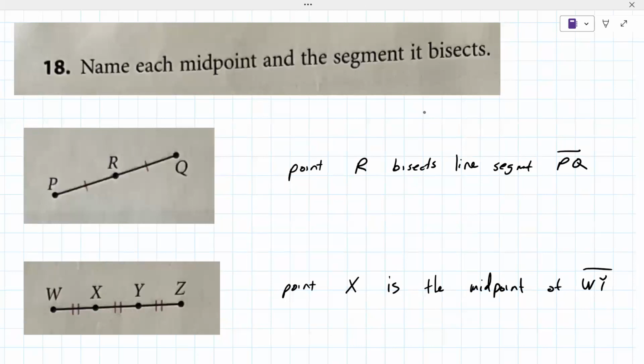And then you can similarly go point Y is the midpoint of XZ.